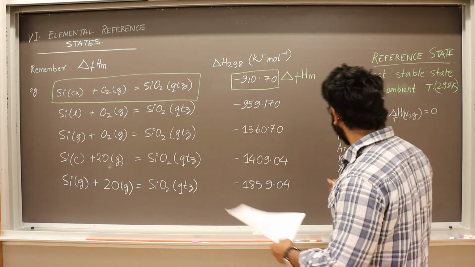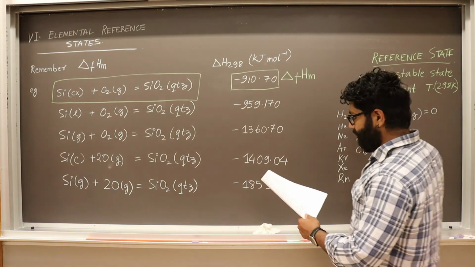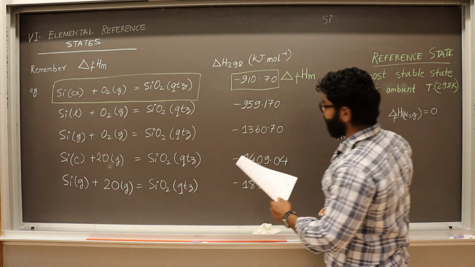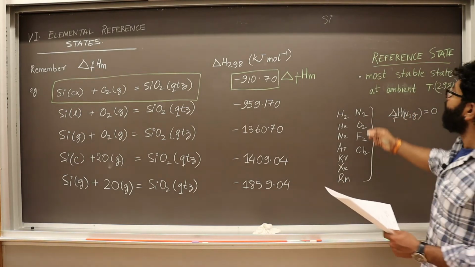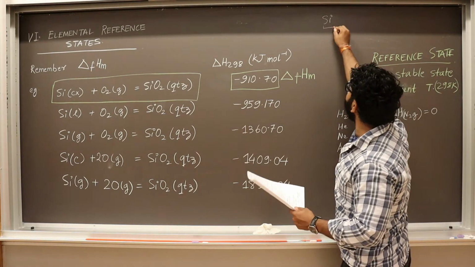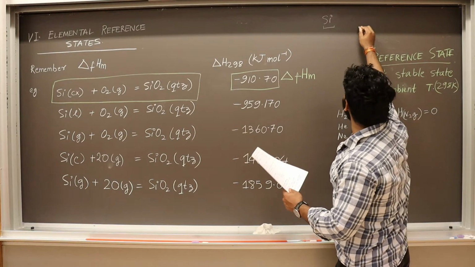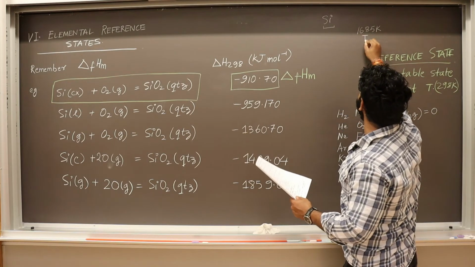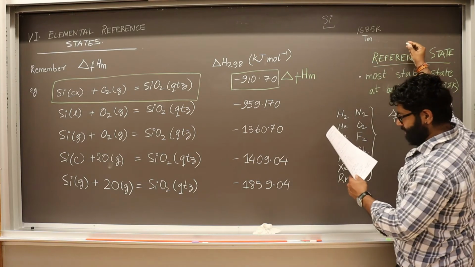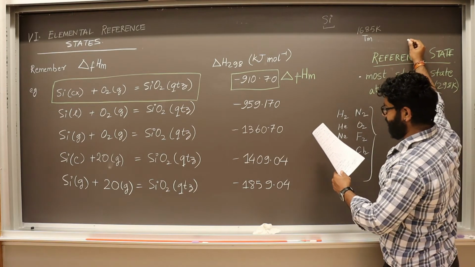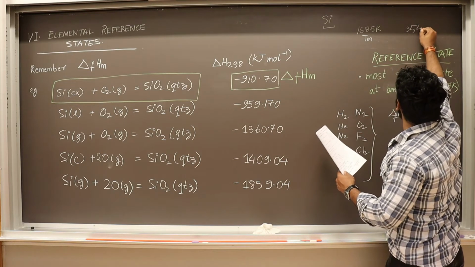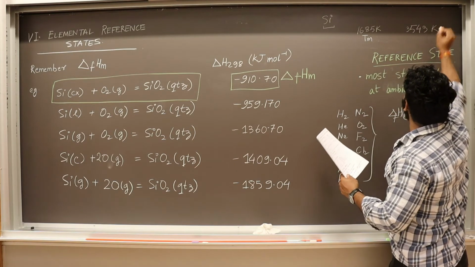Let's say, for example, you have silica. Silica melts at 1685 Kelvin, and it boils at 3543 Kelvin.